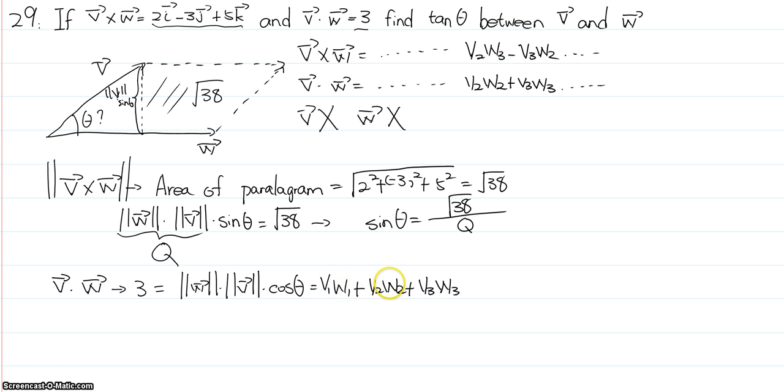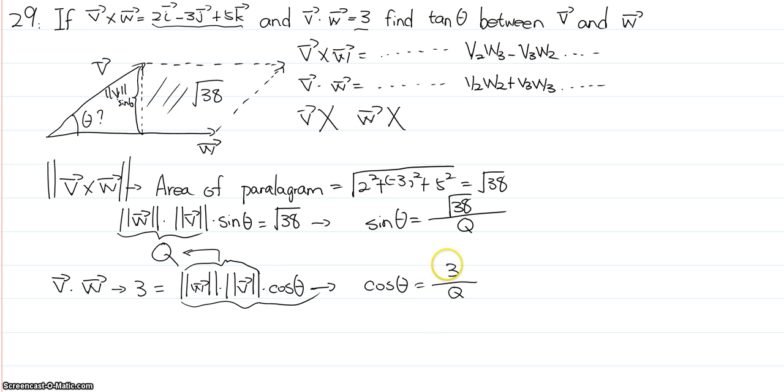That just shows you the general formula of a dot product. Since this is 3, you can just put 3 here. Now, same as I did with the cross product, I rewrite this as cosine theta, and remember the magnitude of w times v is Q.